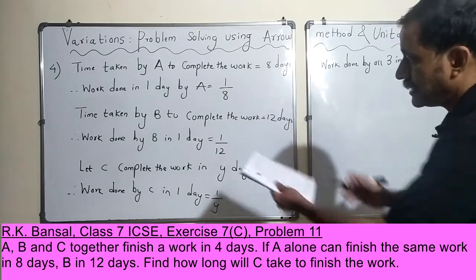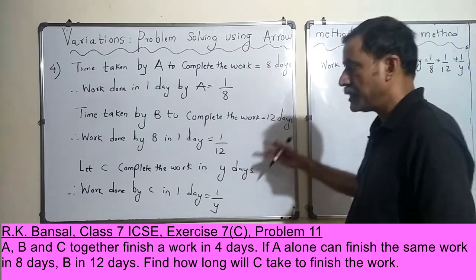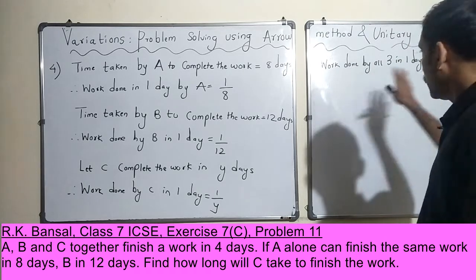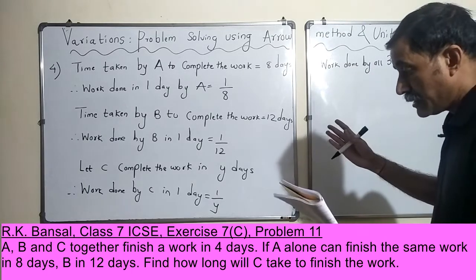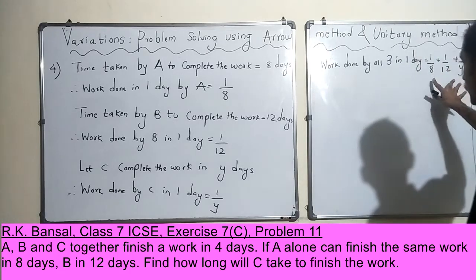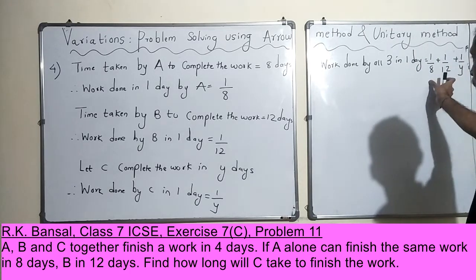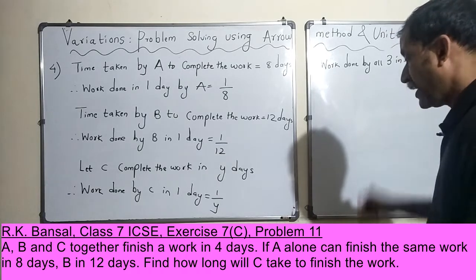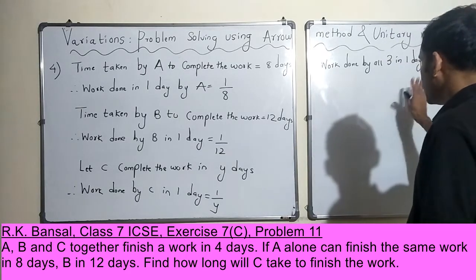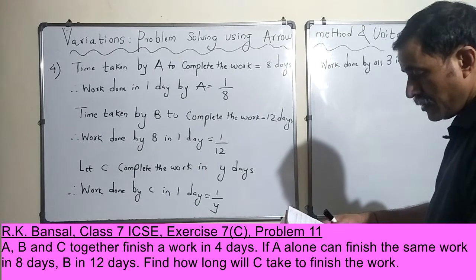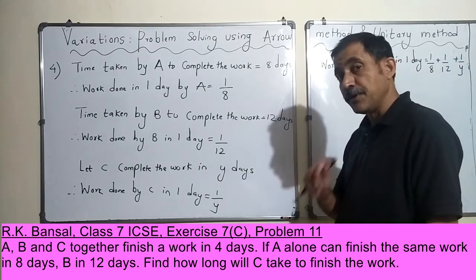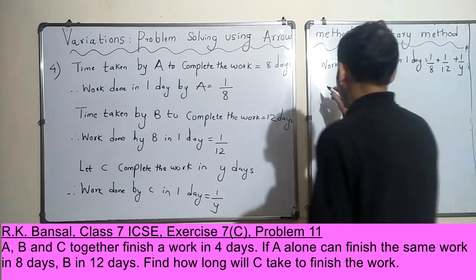He will do something, he will do something else, he will do something else, but together, the total work, whatever that work is, adding them should tell you how much total work is done, right? So this is the thing. But the problem also tells you that together they finish the work in 4 days.